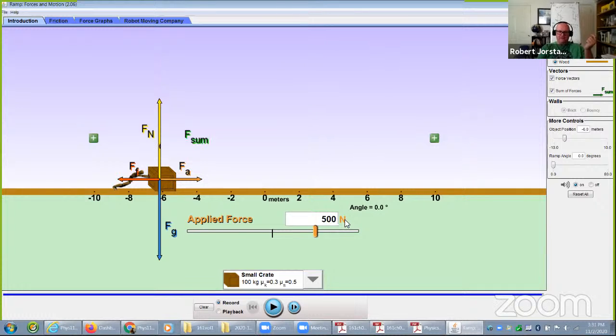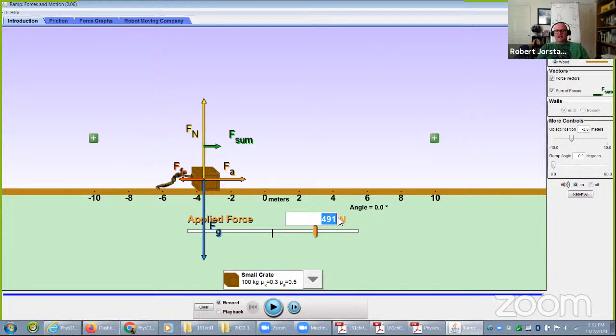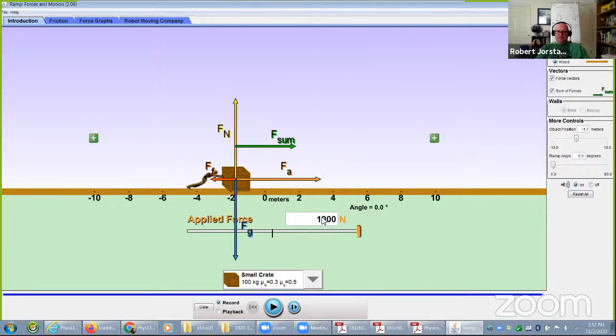I think it was 500. There we go. Oh, I forgot to hit play. Sorry. There we go. So anything over 490 causes this thing to move. And once it's moving, the friction drops to a different value. And at that point, no matter how much force you apply, we see the friction doesn't change. So this is very complicated.